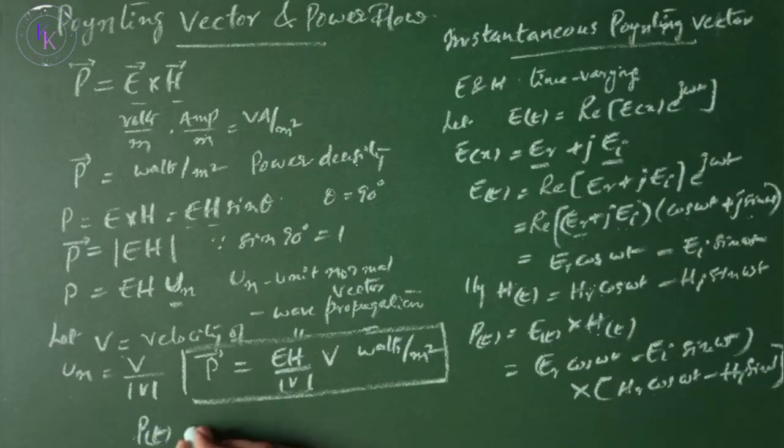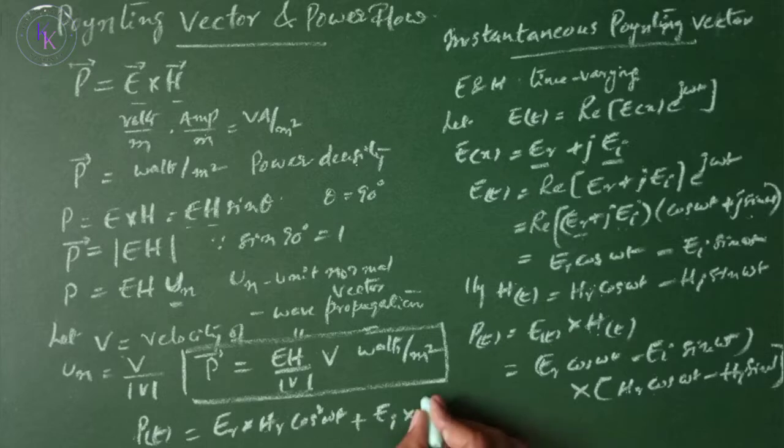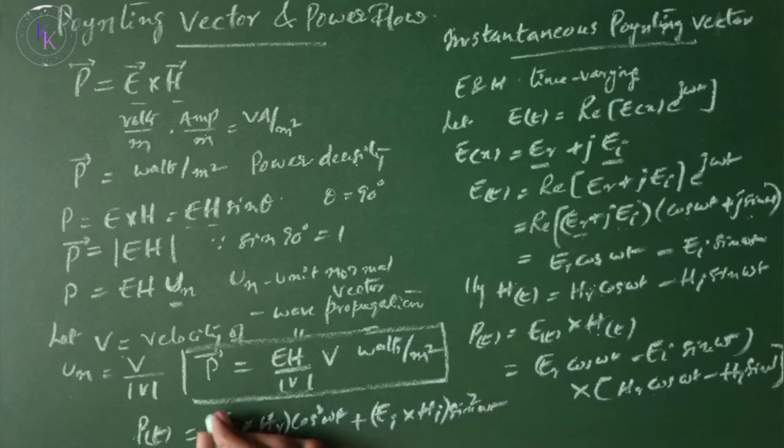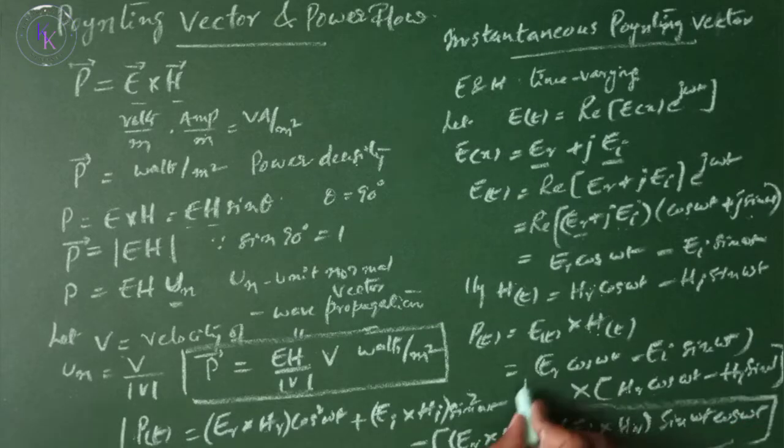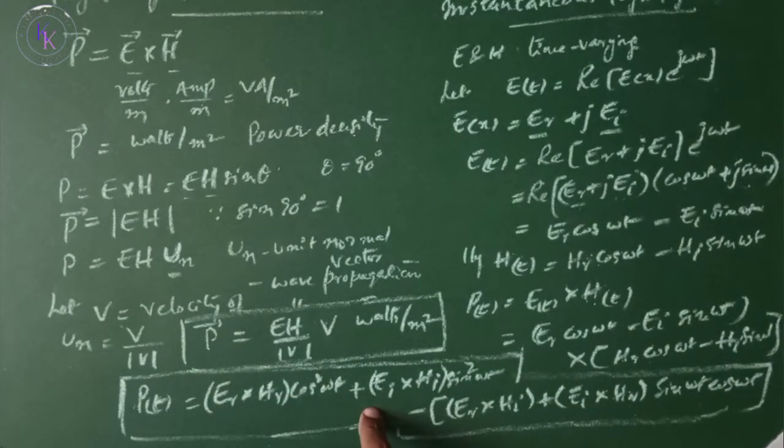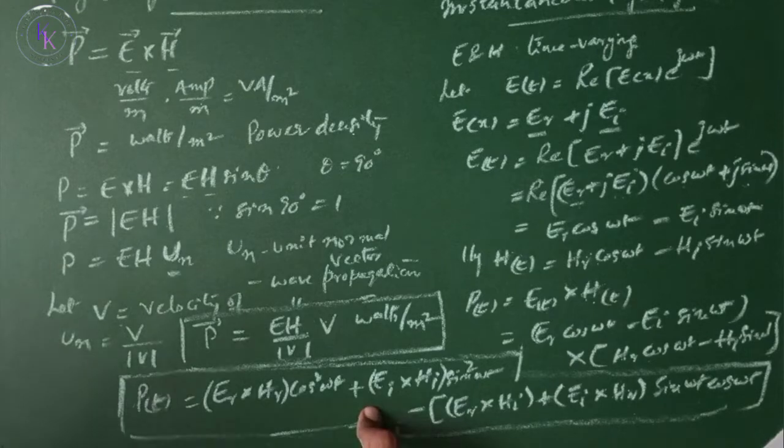P of t equals Er cross Hr cos square omega t plus Ei cross Hi sin square omega t minus (Er cross Hi plus Ei cross Hr) sin omega t cos omega t. This represents instantaneous power flow per unit area and is termed the instantaneous Poynting vector.